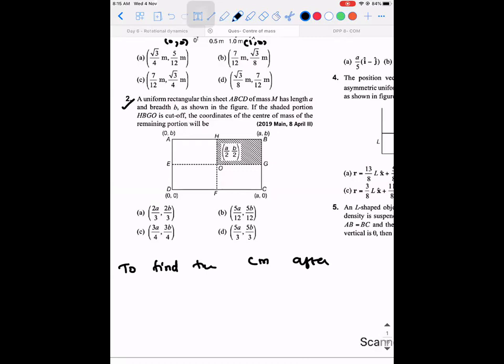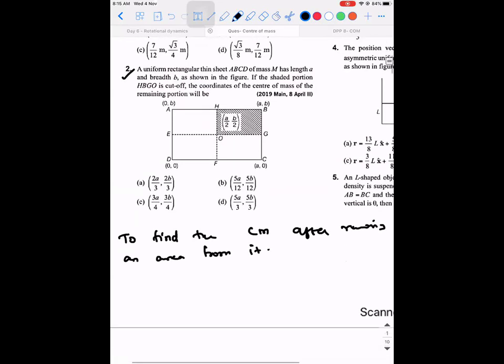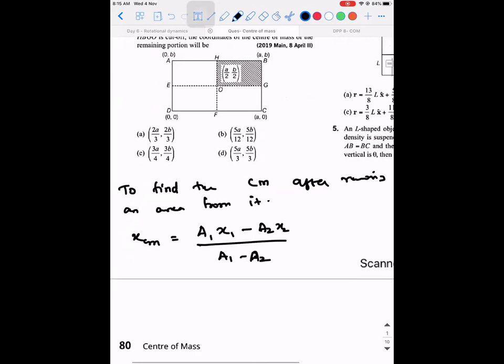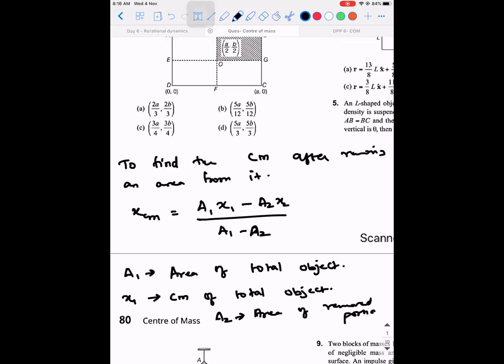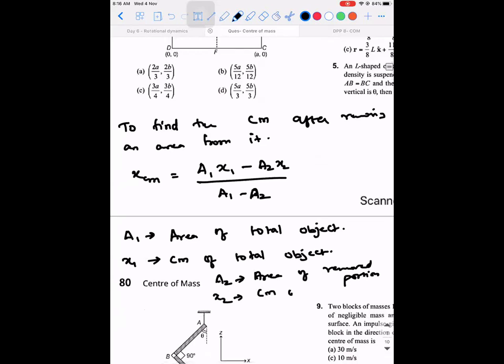To find the center of mass of a system after removing an area from it, x coordinate of center of mass is equal to a1 into x1 minus a2 into x2 divided by a1 minus a2, where a1 is area of total object, x1 is the center of mass of total object, a2 is area of removed portion, x2 is center of mass of removed portion.